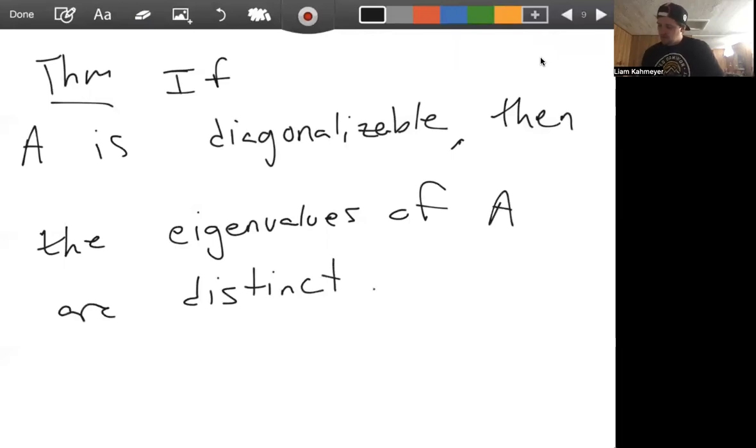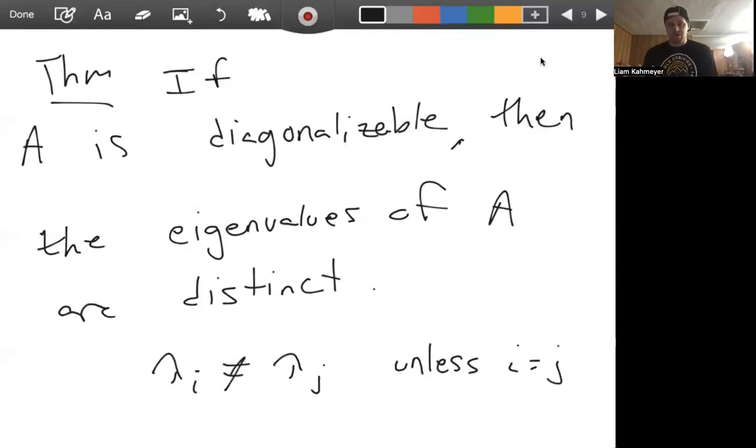Meaning lambda i is not equal to lambda j for all i, j, or it would be correct to say, unless i equals j. And that's for all pairs, so choose any 2, and all pairs are distinct. So how does this help us, right? Because think about the logic of an if-then statement, right?